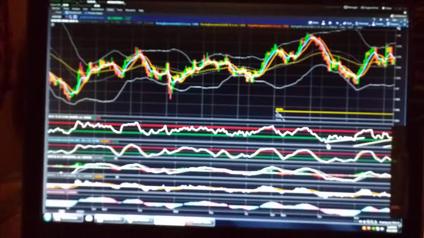Like this. From here to here is fairly significant. Okay? If it were like this, it would still be viable and usable, but not as strong.